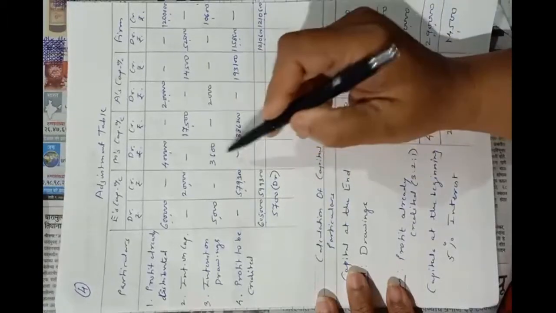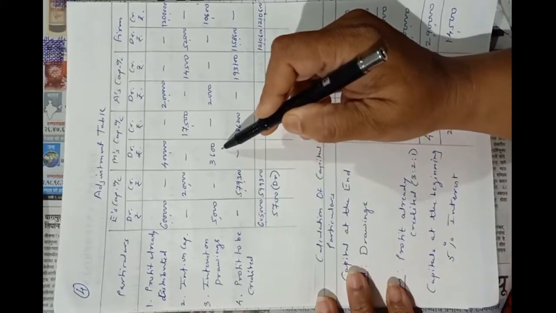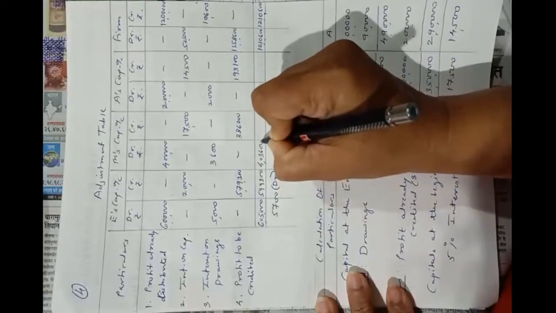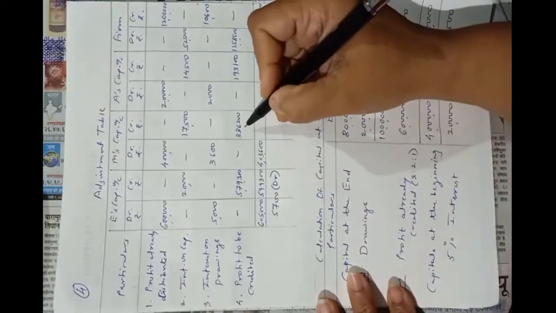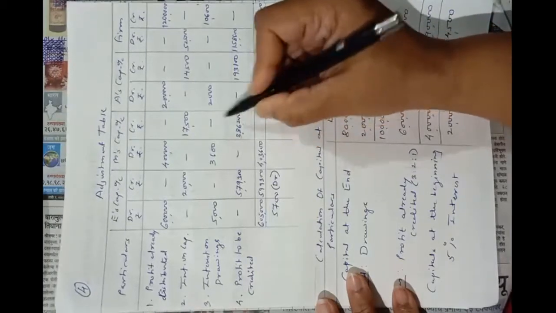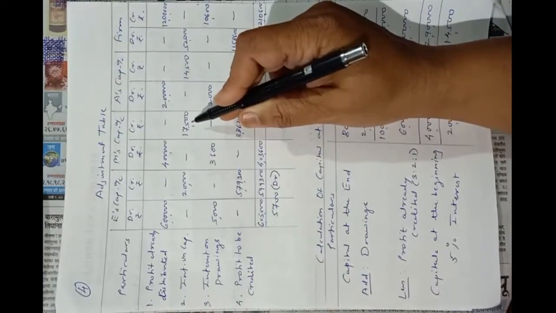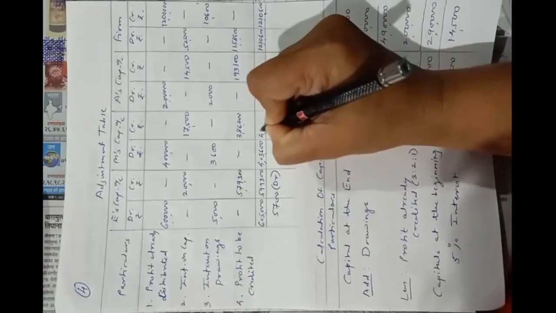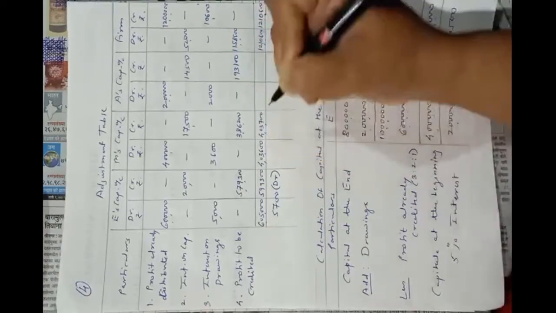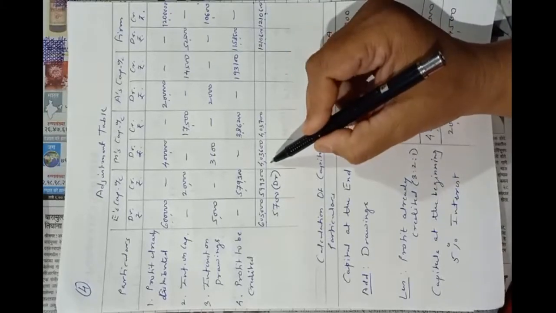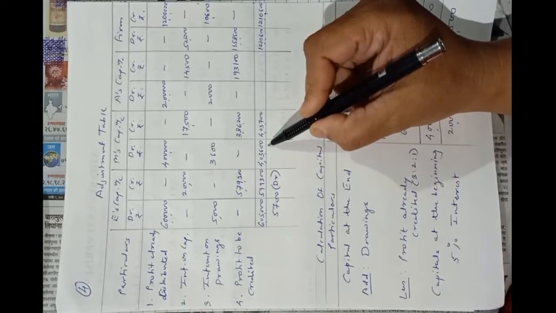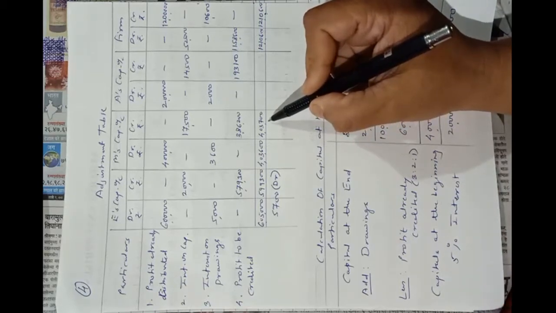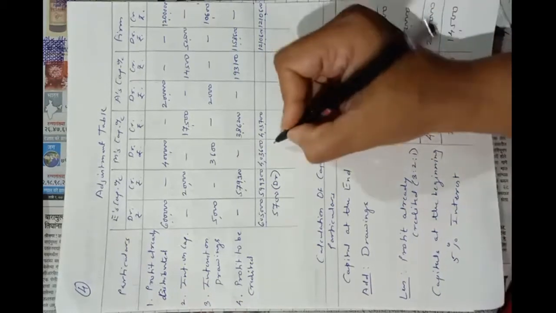Now here, 4 lakhs and 3,600. So 4 lakhs 3,600. 3,86,200 plus 17,500 is 4,03,700. 4,03,600 and 4,03,700. So this amount is more by rupees 100.